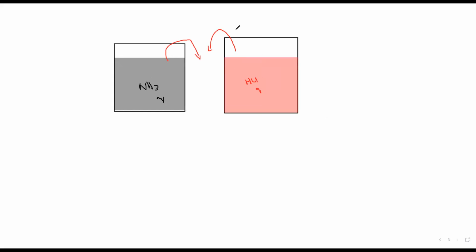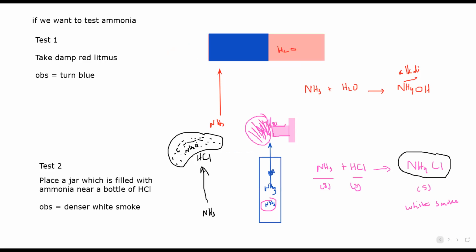Aqueous ammonium chloride will form, but that ammonium chloride is water soluble. So as it is water soluble, you do not observe any white solid because the salt which is formed dissolves in water. So it will form a clear solution. That's why this technique works best when you're using ammonia gas with hydrogen chloride gas.